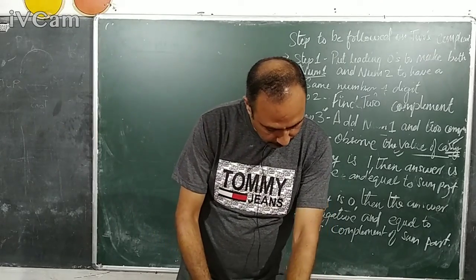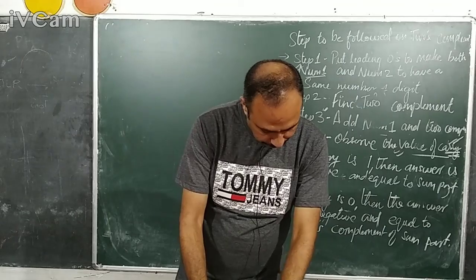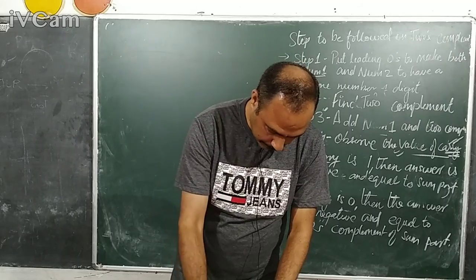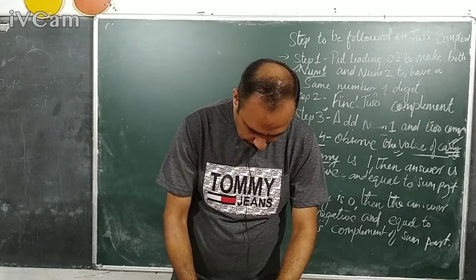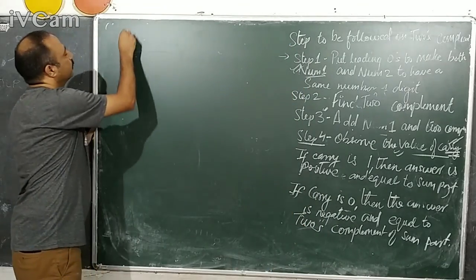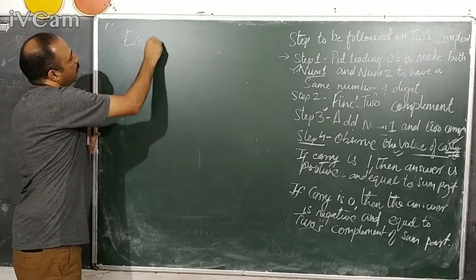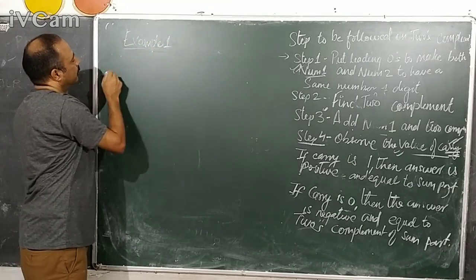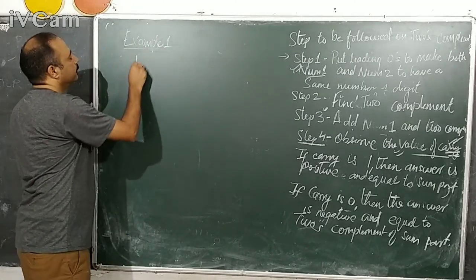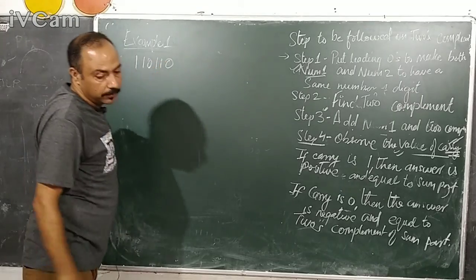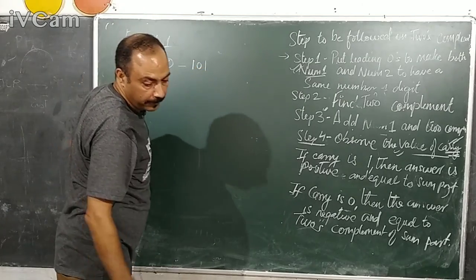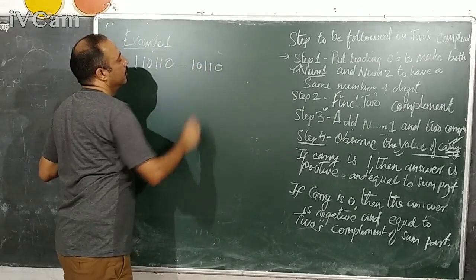Let me start the first example: 110110 minus 1101.